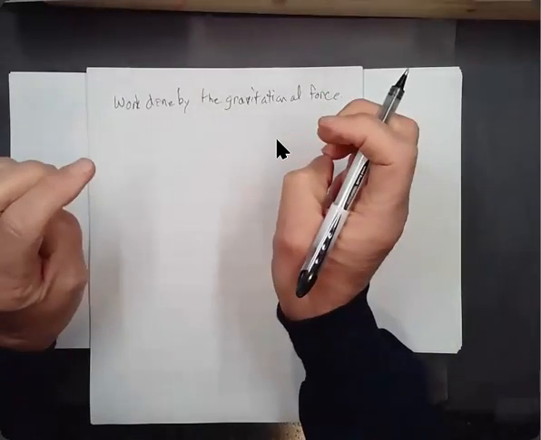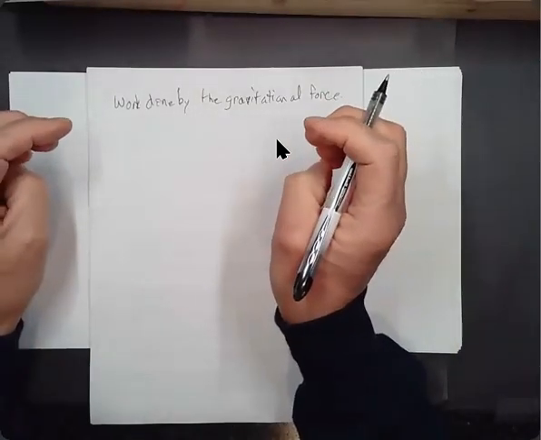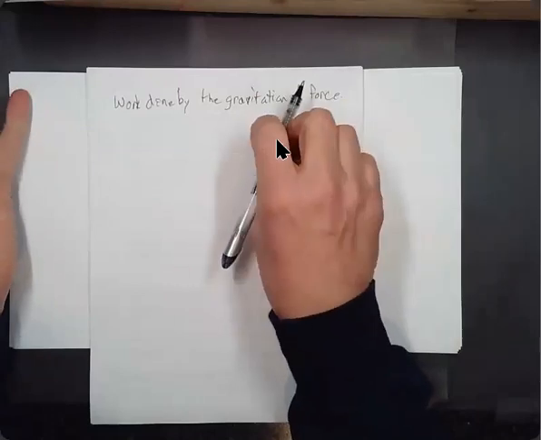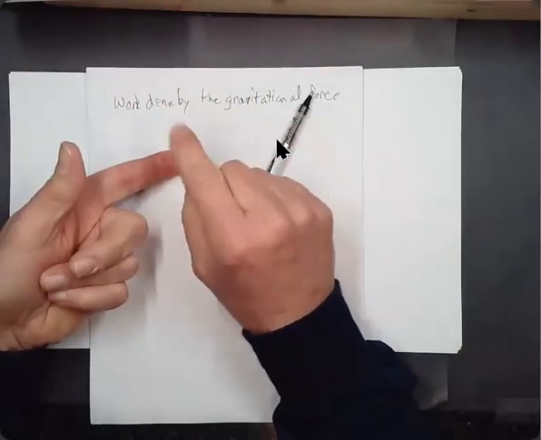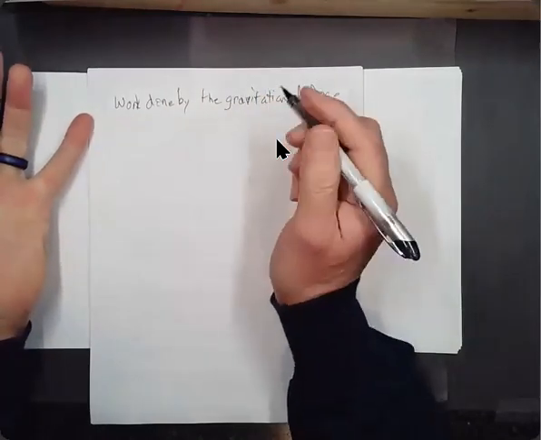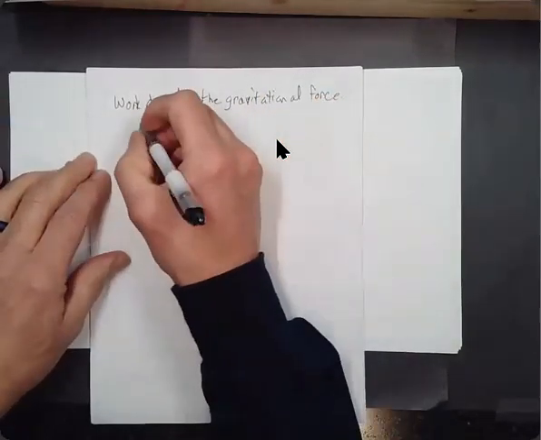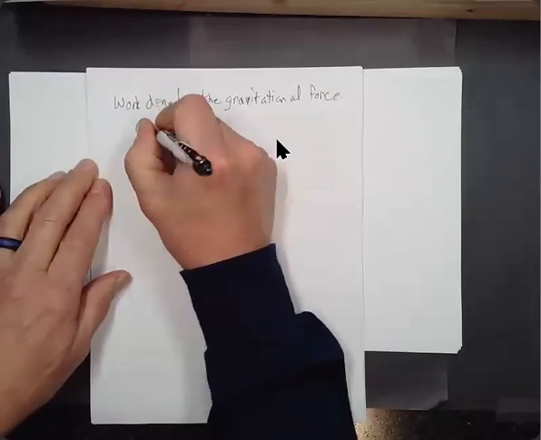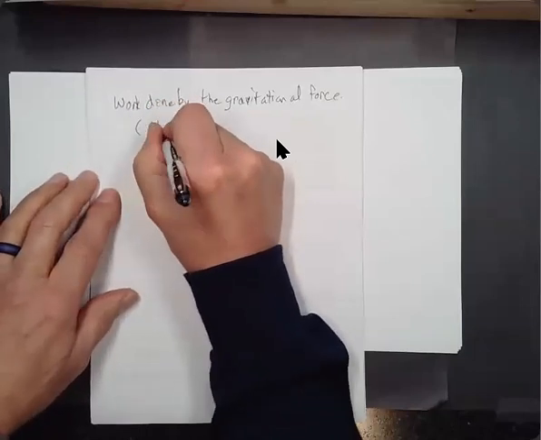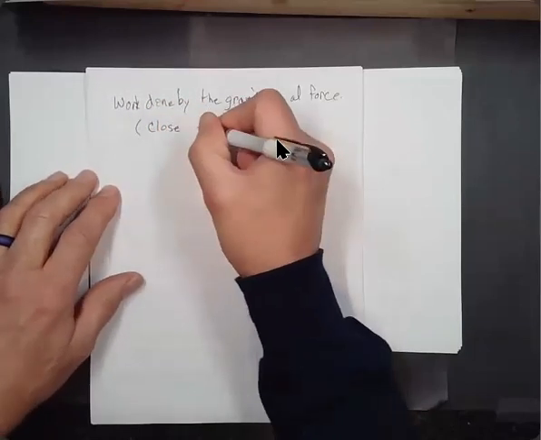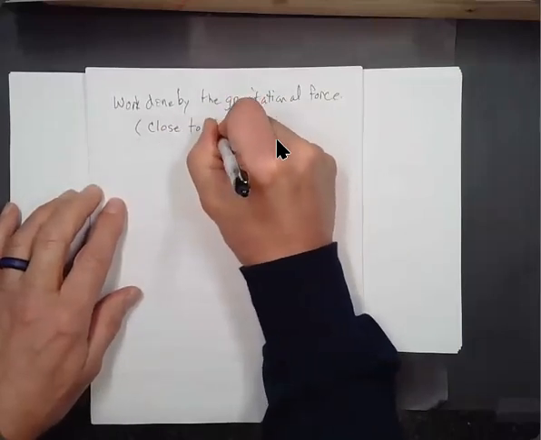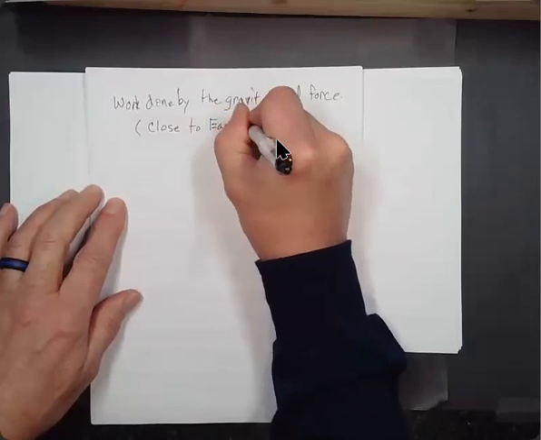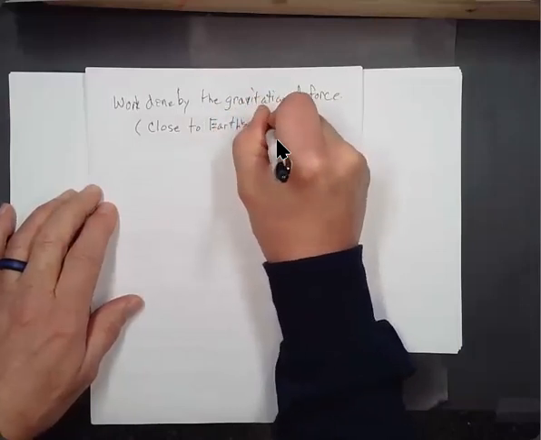Because fall quarter, when we studied gravity, we just assumed the work done by gravity would just be mgh, where g was the acceleration due to gravity, m was the mass of the thing, but that only works close to Earth's surface, that is.